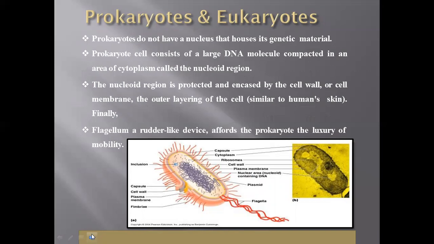A prokaryotic cell consists of a large DNA molecule compact in an area of cytoplasm called the nucleoid region. The nucleoid region is protected and encased by a cell wall or cell membrane, the outer layer of the cell, similar to human skin. Flagellum, a rudder-like device, affords the prokaryotes the luxury of mobility.